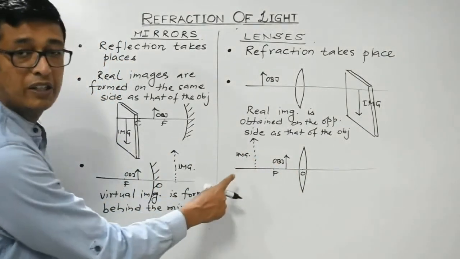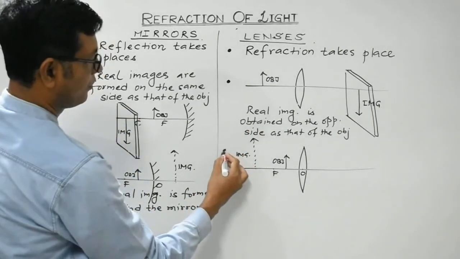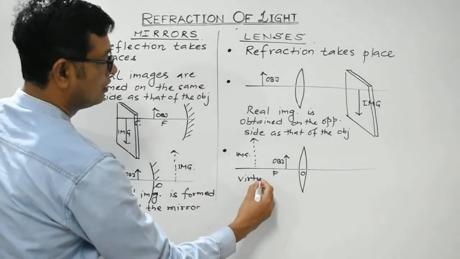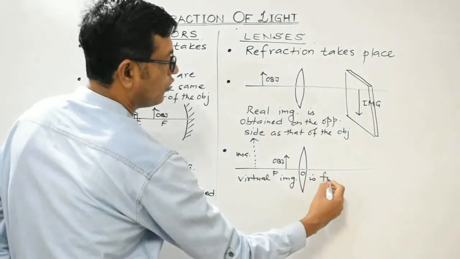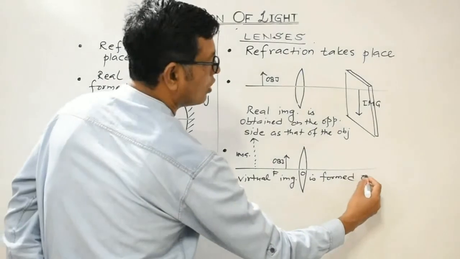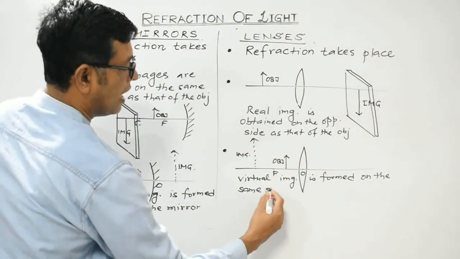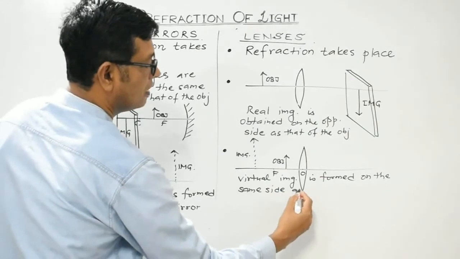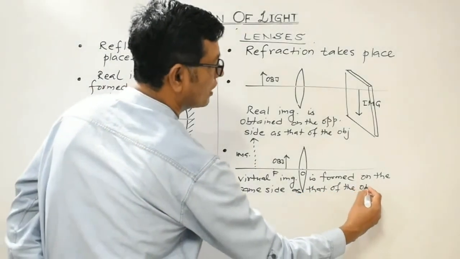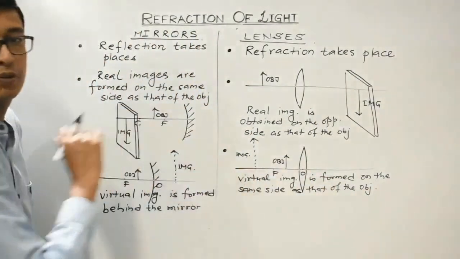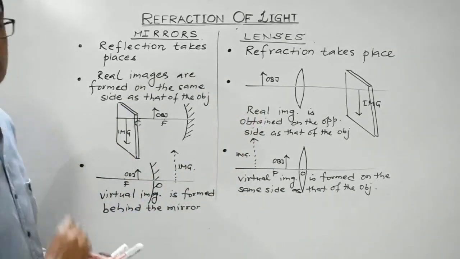So here the virtual image is formed on the same side as that of the object, and therefore it can't be obtained on the screen. So students, these are some very important facts.